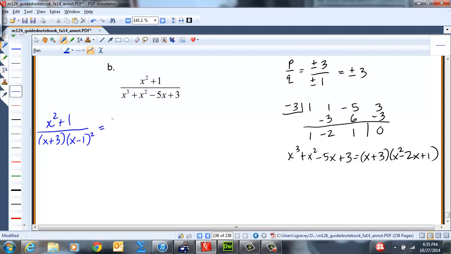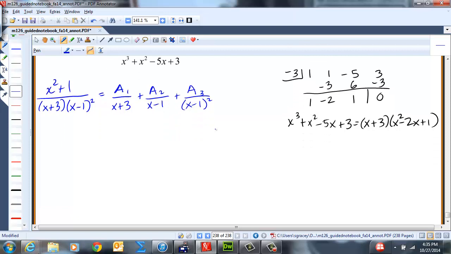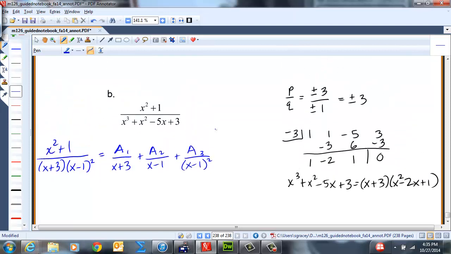So that'll equal a1 over x plus 3 plus a2 over x minus 1. And don't forget, you got to do a3 over x minus 1, the quantity squared. So this was all side work here.